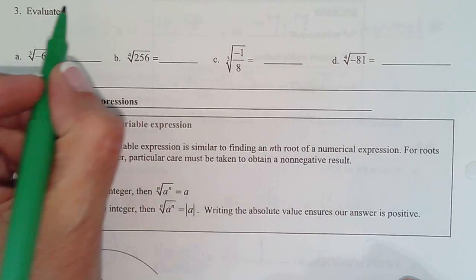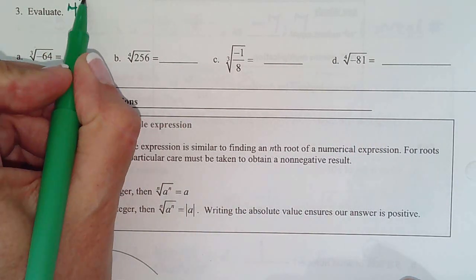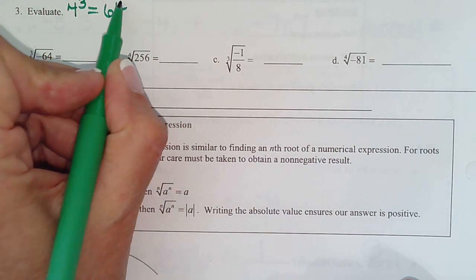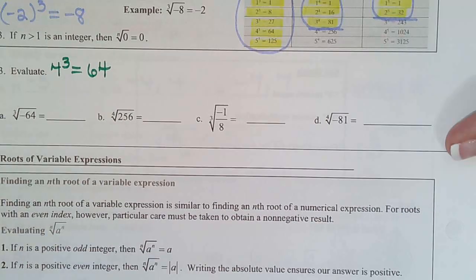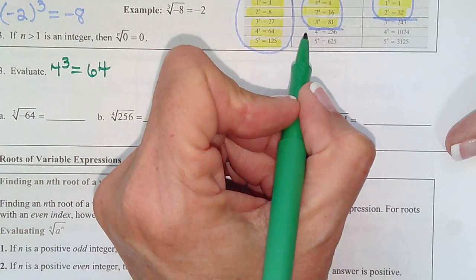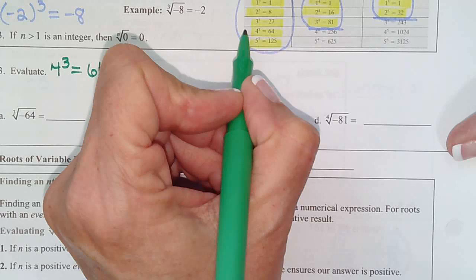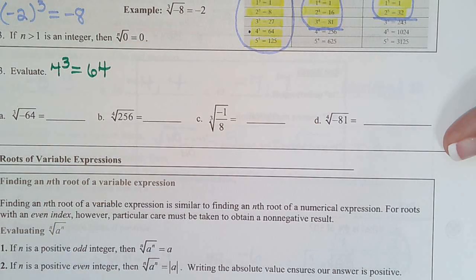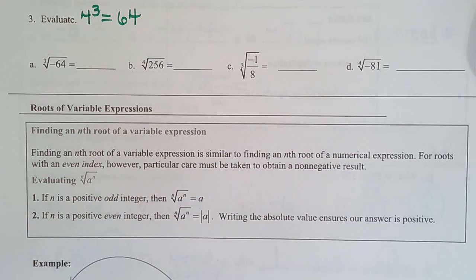So we said 4 cubed is 64 in that list, which would be right there. So 4 cubed is 64.